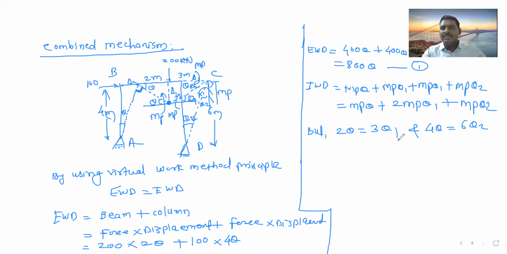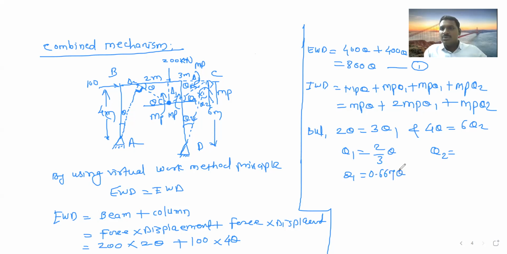So now calculate value of theta 1 and theta 2. Theta 1 is equal to 2 by 3 theta, which is 0.667 theta.